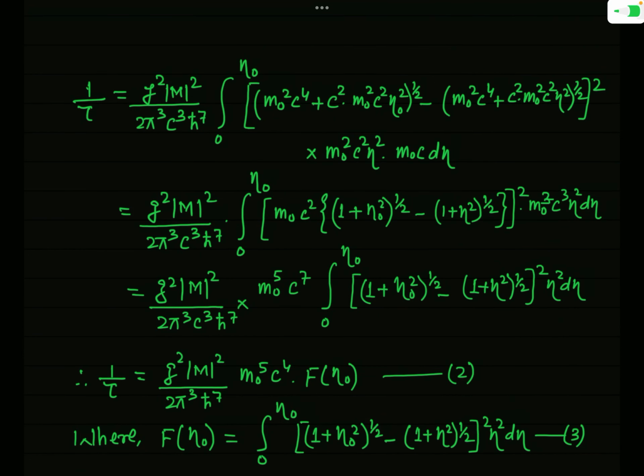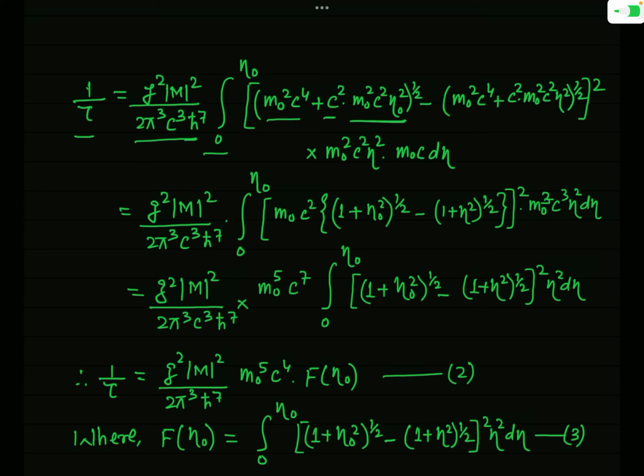After substituting all these values in equation 1, what will be the form of the equation? You can see here, 1 over tau will be equal to g square mod of m square over 2 pi cube c cube h bar to the power 7, integral from 0 to eta naught. See the expression inside the square bracket. The first term remains m naught square c4. Here is c square p max square; c square stays, but in place of p max square you now write m naught square c square eta naught square.